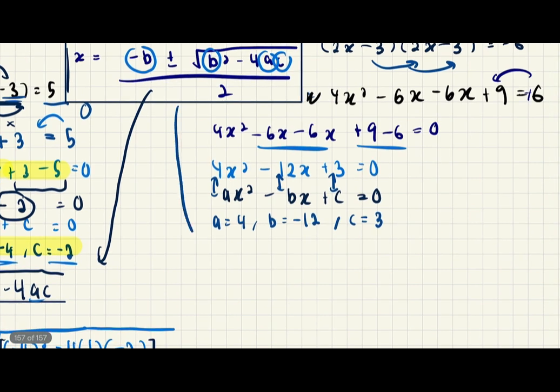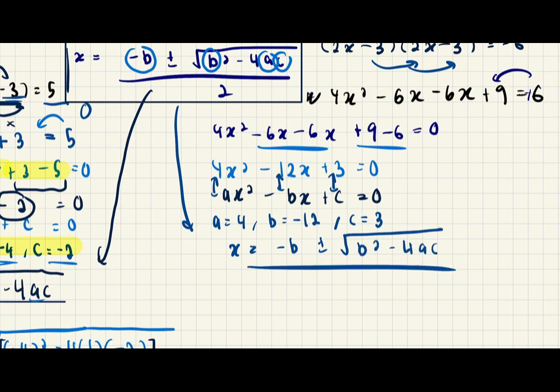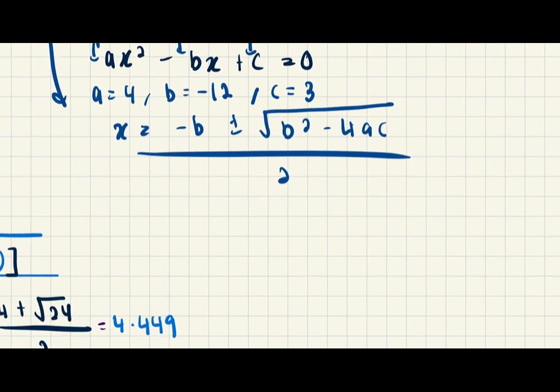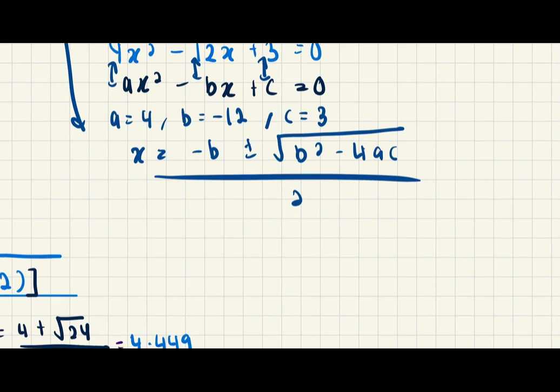Now we can take this formula. We can straight away write this. X equals to negative b plus minus square root b squared minus 4ac over 2. Alright, so now what we're going to do here, okay, substitute the values. Equals to negative b, which is negative times negative 12. Don't tell me just negative 12.